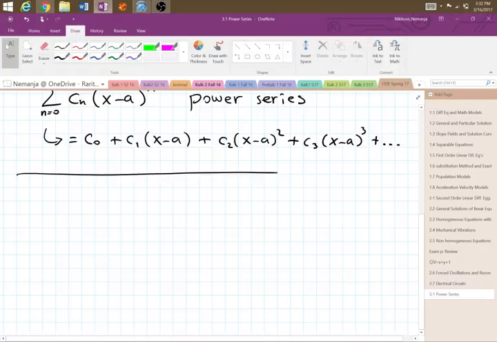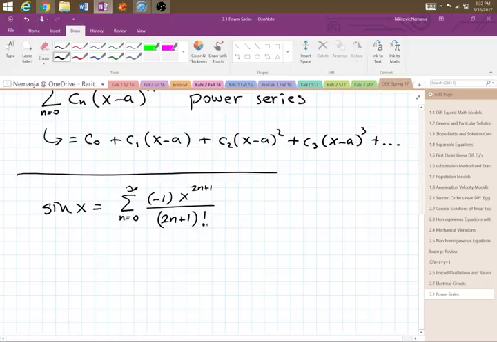So here we go. The sine x is equal to, that's a theorem, the sum from n equals 0 to infinity of negative 1 to the n, x to the 2n plus 1, divided by 2n plus 1 factorial.